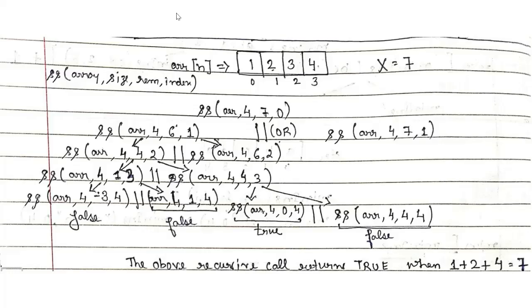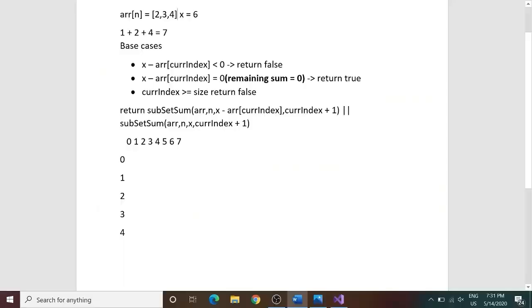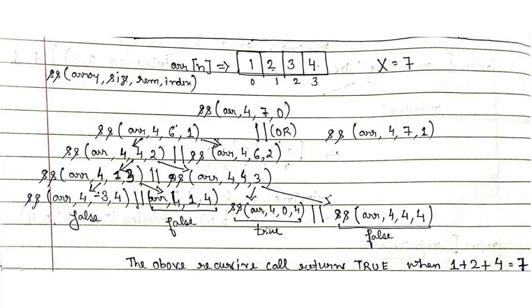So what we were doing, this part of the recursive tree was actually creating subsets for these 3 numbers and checking whether I have any subset which sums up to 6 or not. And if it sums up to 6, then yes, we could return true. If you want to see, suppose this is our root node.